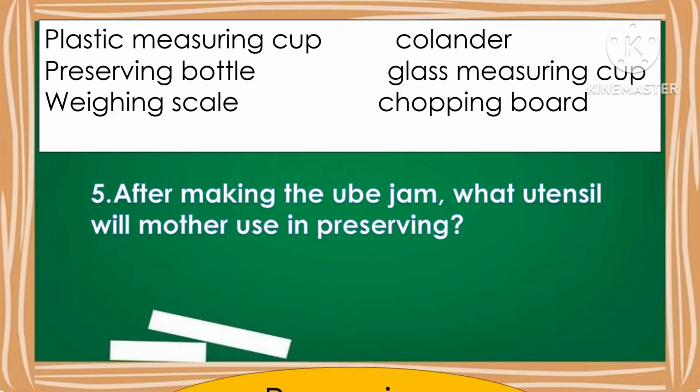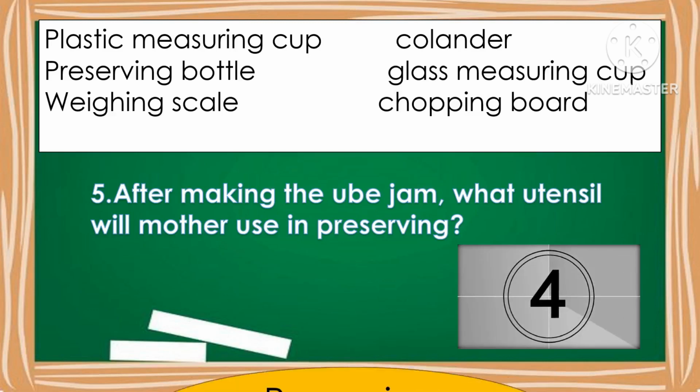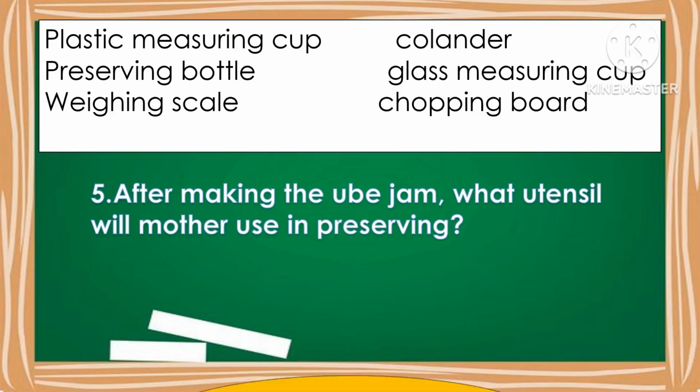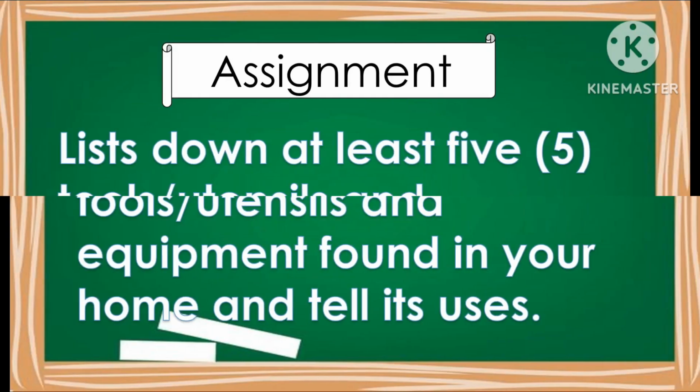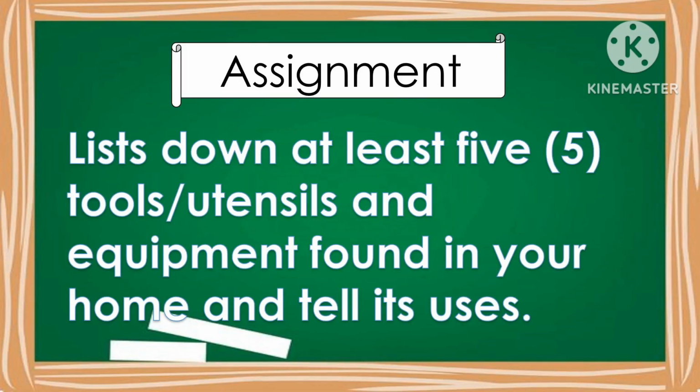And number 5, after making the ubi jam, what utensil will mother use in preserving? The correct answer is preserving bottles. For your assignment, list down at least 5 tools or utensils and equipment found in your home and tell its uses.